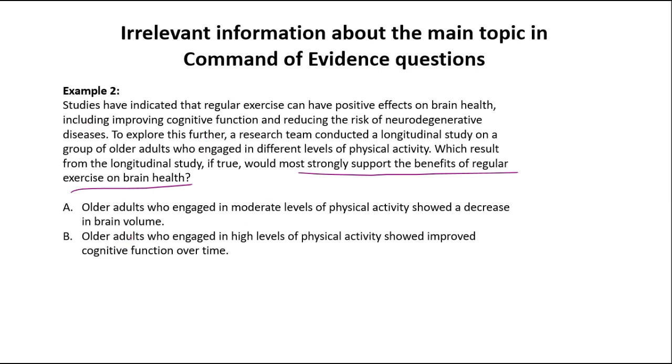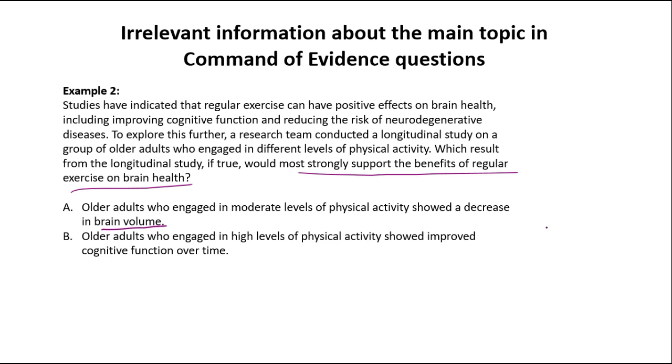And also the answer choices. Older adults who engaged in moderate levels of physical activity showed a decrease in brain volume. Now, brain volume is the keyword here, right? Because notice that it's not there in the text. So nowhere in the text does it talk about brain volume.